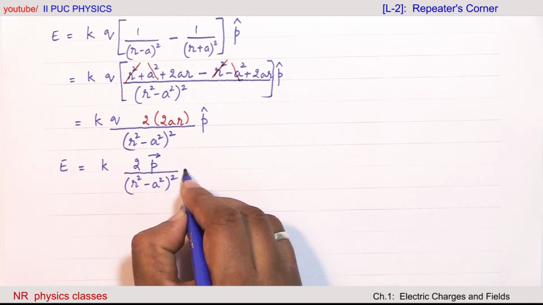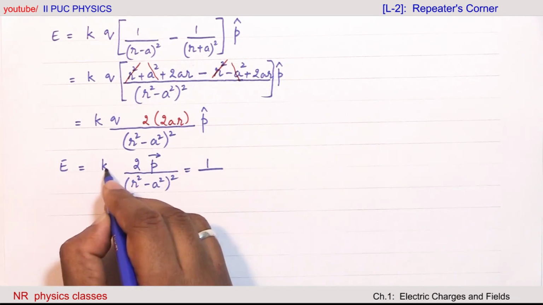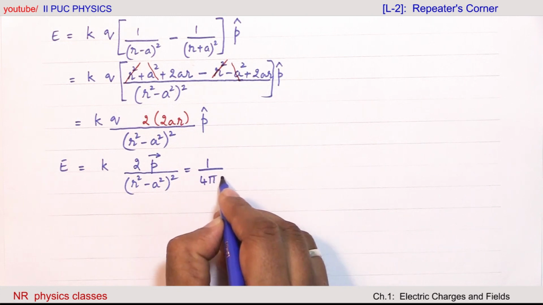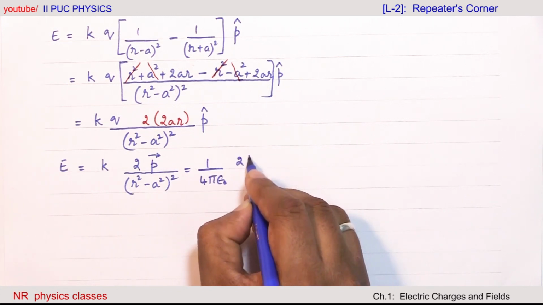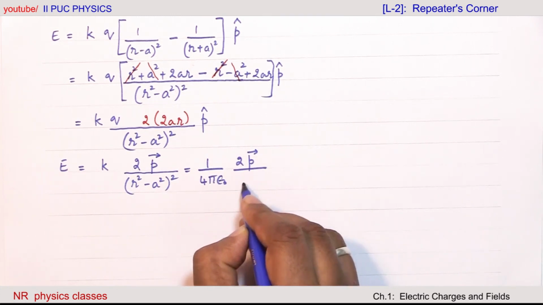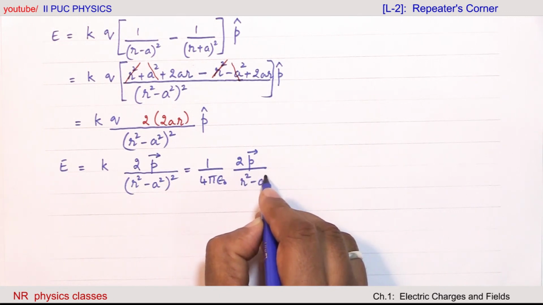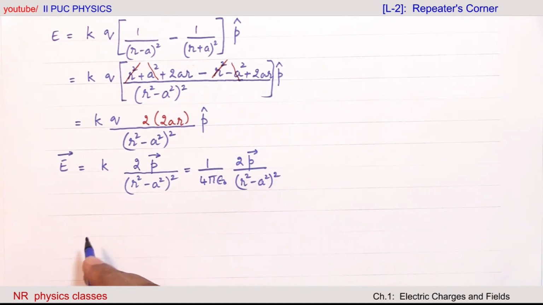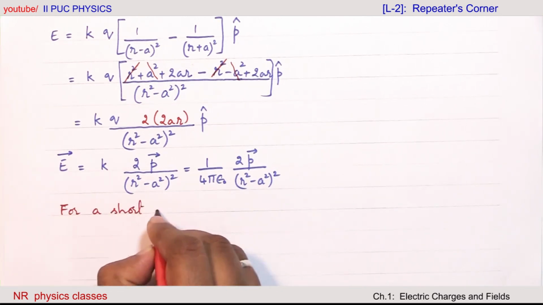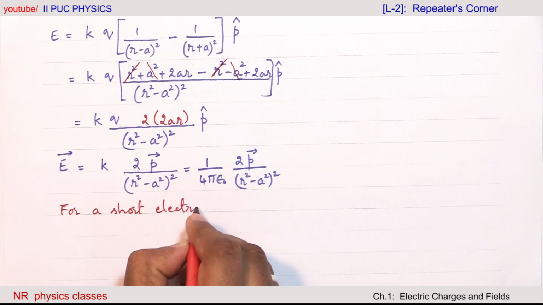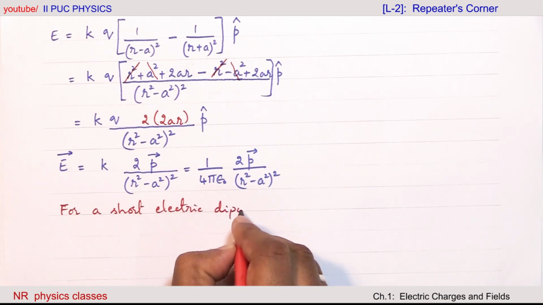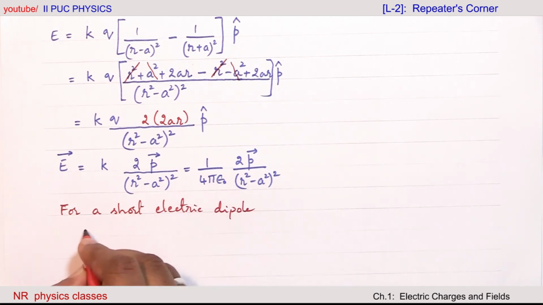This resultant electric field is also, where K is 1 by 4 pi epsilon naught, 2P by R square minus A square whole square. But we have to find it for a short electric dipole. For a short electric dipole, what is the condition?